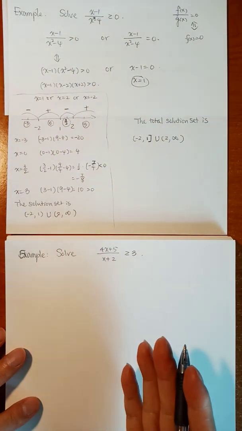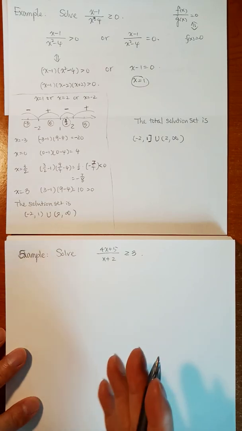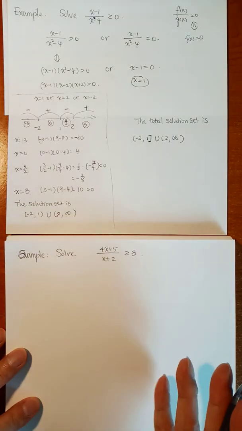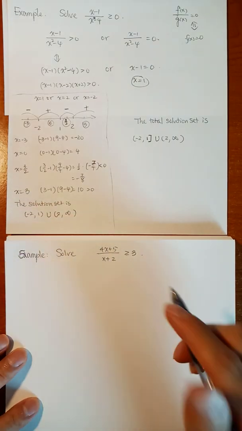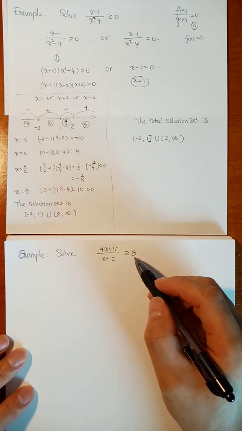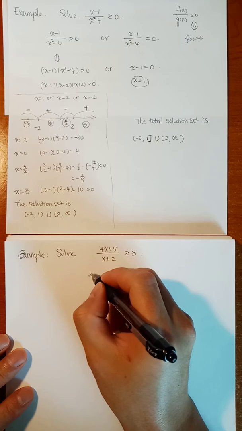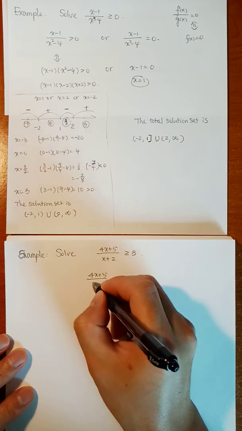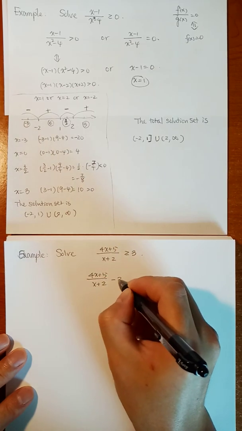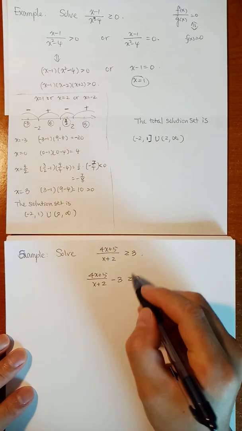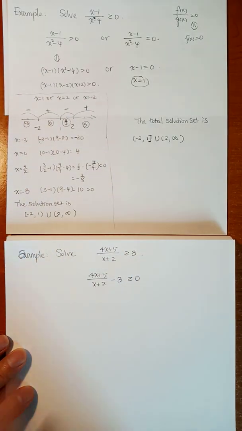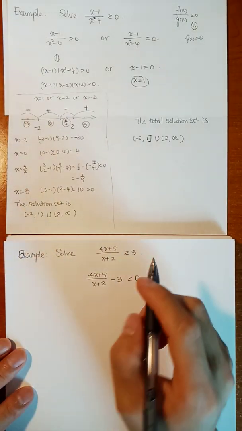Well, we only solve the inequality either greater than or equal to 0 or less than or equal to 0. We do not solve greater than or equal to 3, which means we are going to move 3 to the left side. We only solve this case because we only have the zero product property.